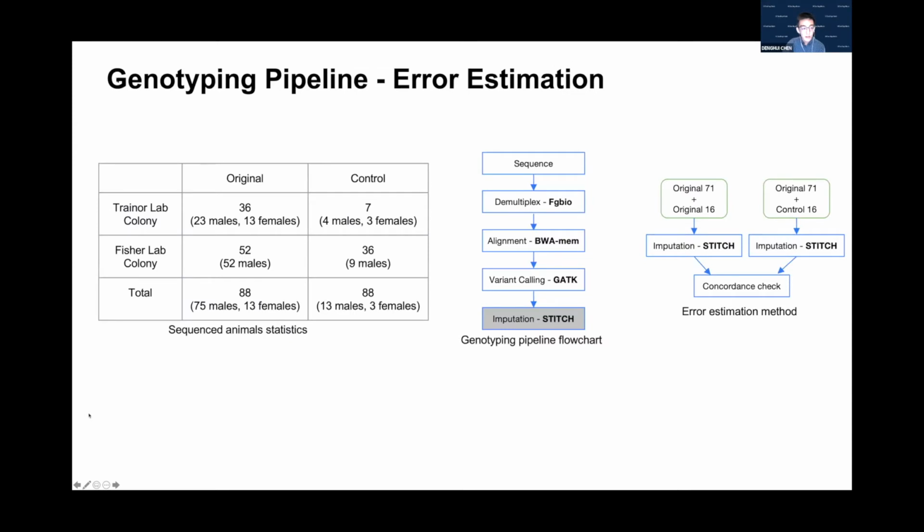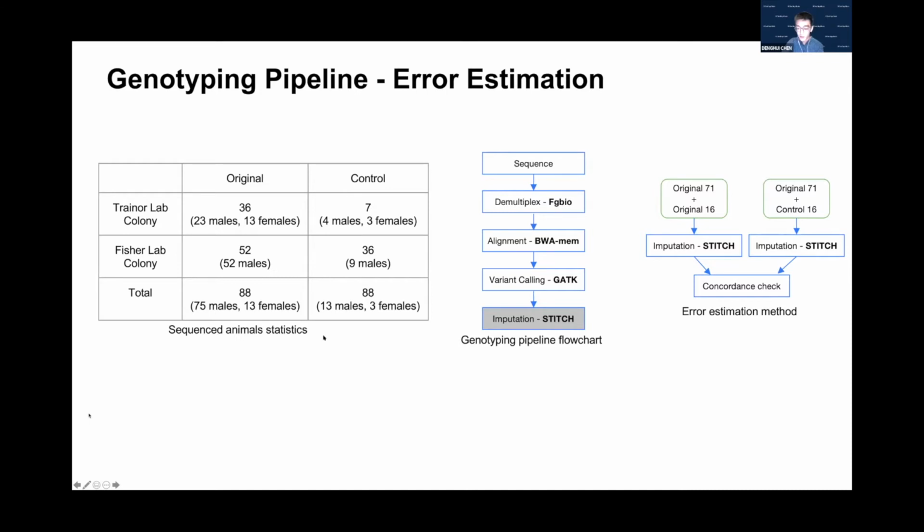We also did some error estimation for the pipeline. First of all, I want to say this project is not funded, so we didn't have enough money to do deep sequencing to construct a true set for this group of animals.